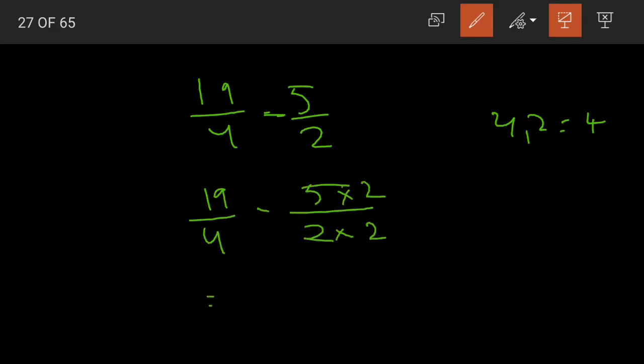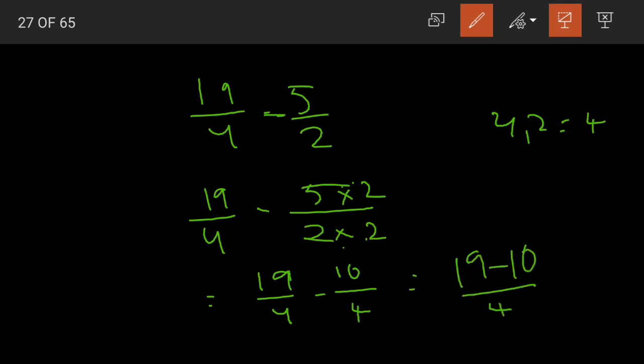So we are multiplying both the numerator and denominator by 2. 19 by 4 minus 5 2s are 10 by 2 2s are 4. So we are having the common denominators, we can subtract now. 19 minus 10, 9 divided by 4. 9 by 4 is our answer. Again 9 by 4 is an improper fraction.